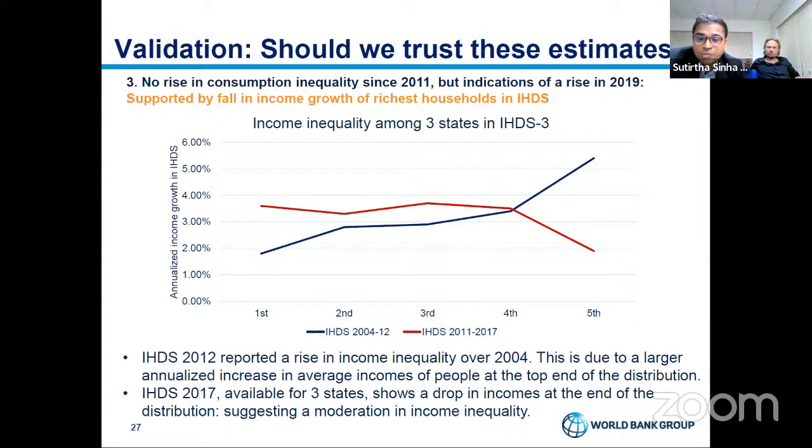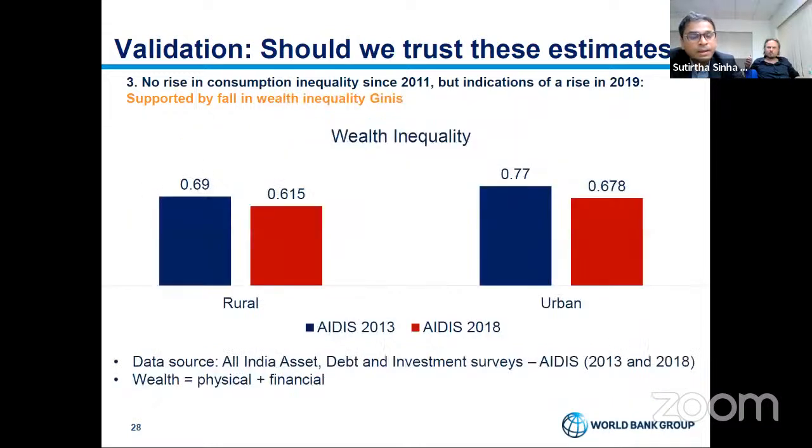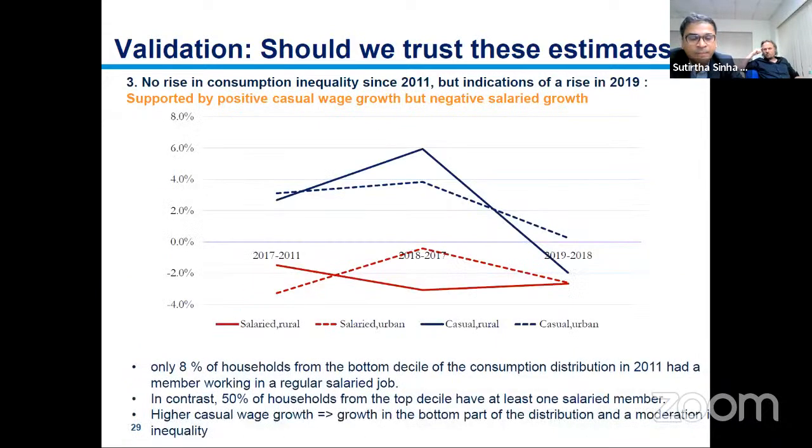But if you look at IHDS 2011 and 2017, there's a fall in the income levels of households in the 5th quintile relative to the households in the 1st quintile, which would again indicate a reduction in inequality. Now, if you look at the AIDIS data, which is available for 2013 and 2018, we again detect a moderation in inequality levels, which lines up with what we are reporting.